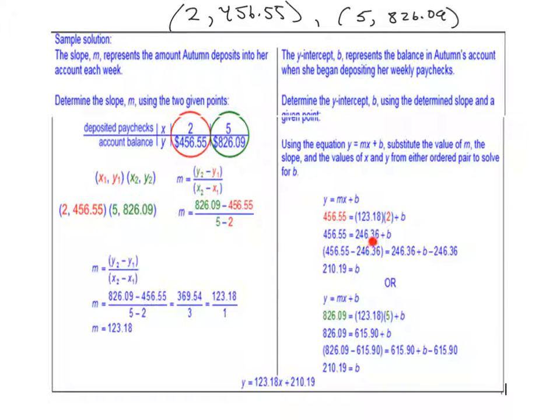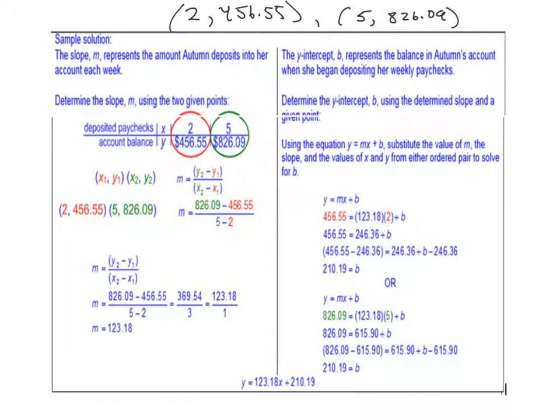I'll get 246.36 plus b. I need to isolate b. You know what that means. That means I need to get b by itself. So I'm going to subtract, because that is a positive. To isolate b, I have to do the opposite. So I'm going to subtract 246.36 from both sides of the equal sign. And when I do so, that's going to give me $210.19 as my b. Okay?